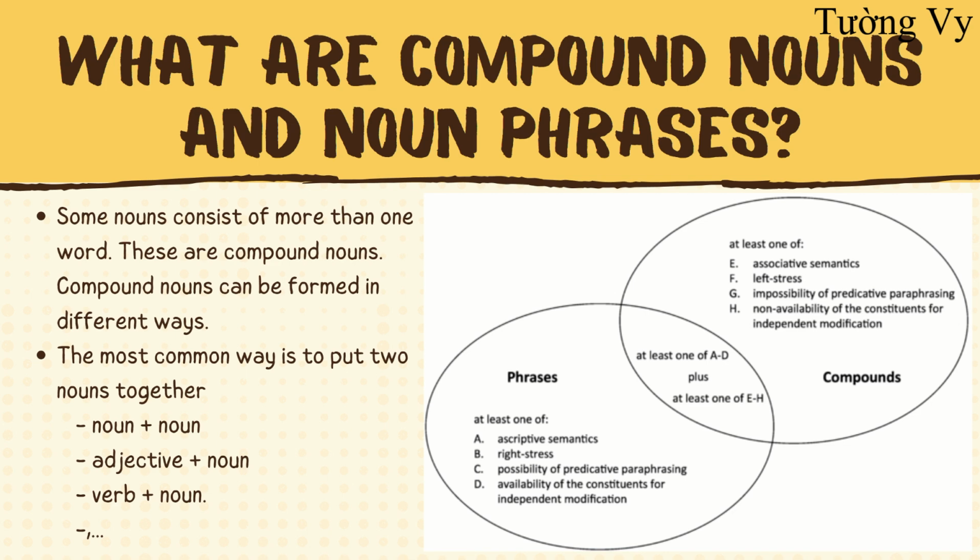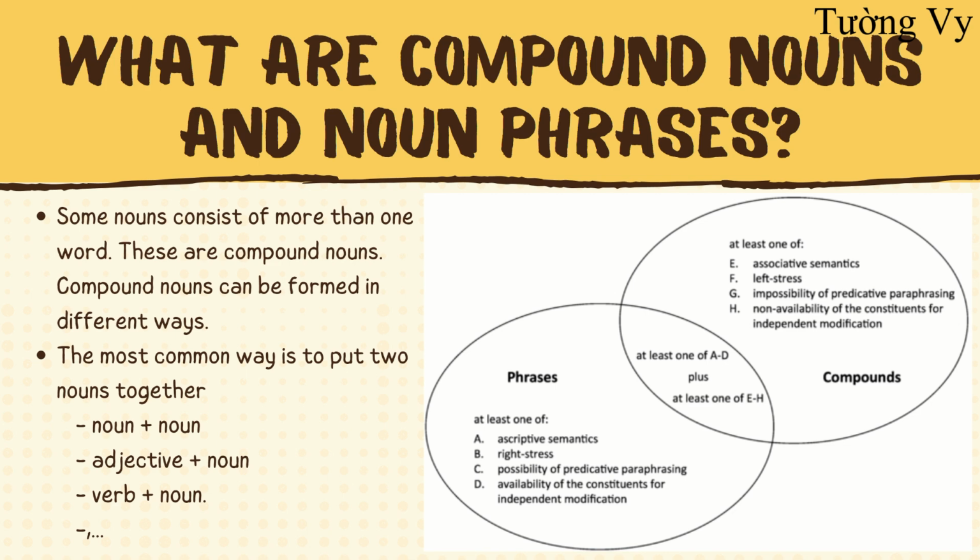A compound noun is a noun made up of 2 or more words that function as a single unit. These words can be joined in different ways, but the key point is that they work together to represent one idea. On the other hand, a noun phrase is simply a group of words that work together to describe a noun.